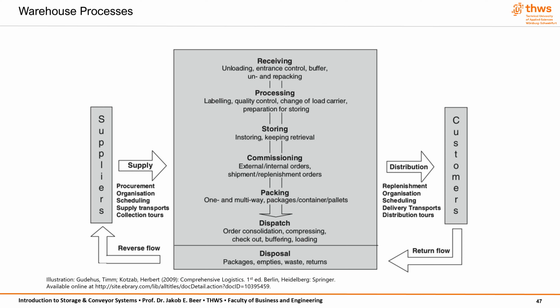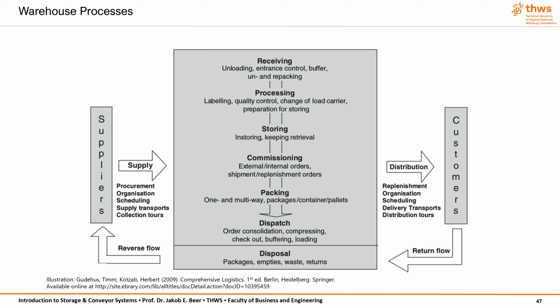In the next parts of this course, we will go deeper into specific warehouse process designs. We'll look at receiving docks and how to optimize their layout. We'll discuss picking strategies like zone picking, batch picking, and wave picking. We'll study different packing stations and dispatch area designs.